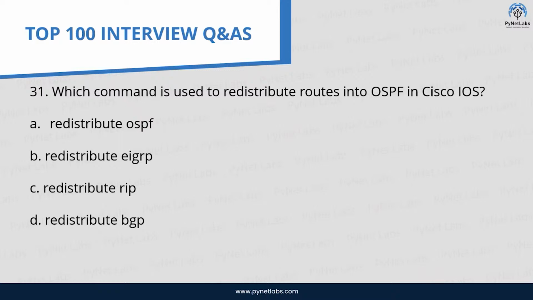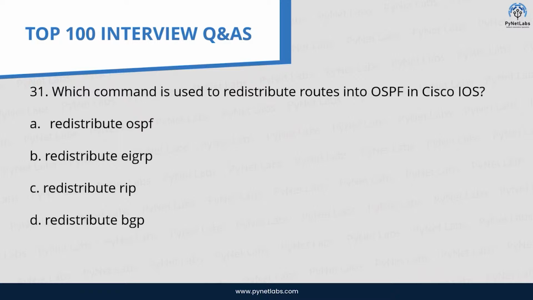The very first question in today's Q&A series is: which command is used to redistribute the routes into OSPF in Cisco IOS specifically? Whenever we are doing redistribution, it is all about making communication possible between two different protocols. Suppose on one side you have EIGRP, and on the other side you have OSPF.